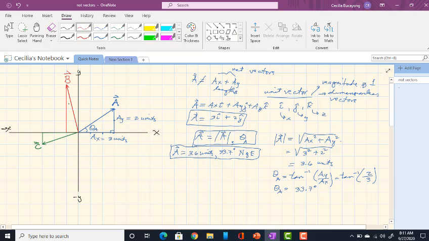Example, in our vector B, this is our BX and our BY. BX is 1 unit, then BY is 1, 2, 3, so 4 units.